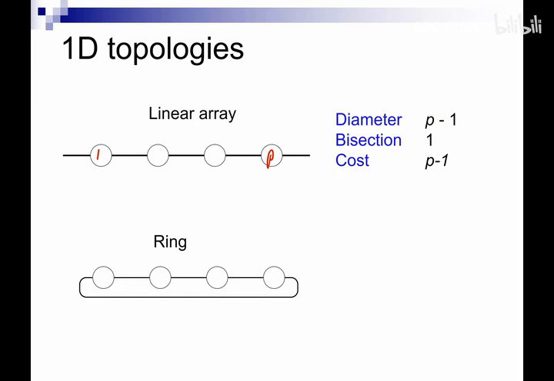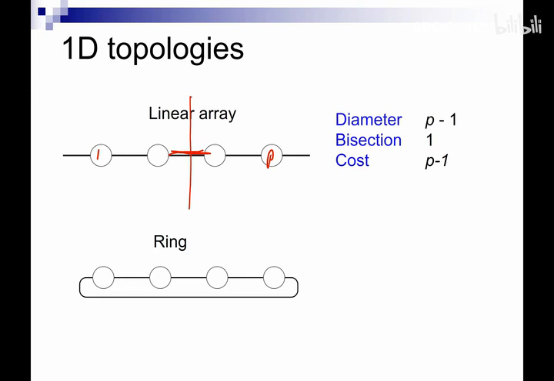Now for the bisection width, if you split this network in half, how much communication bandwidth do you have between the two halves? Well, if you chop this network in half like this, then there's only one communication link between these two halves, and so the bisection width is very small. It's only 1. And the cost of this network is p minus 1, because we need p minus 1 links in this network.